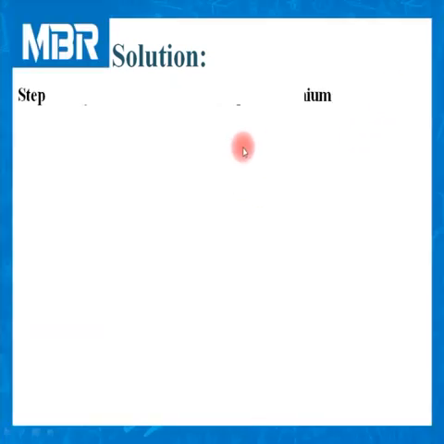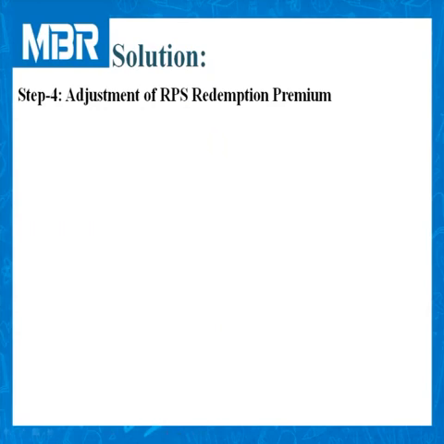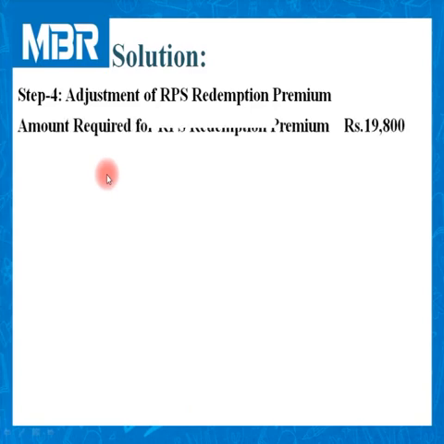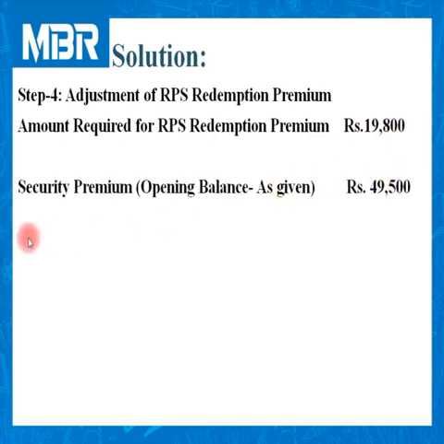Step number 4, adjustment of RPS redemption premium. We have to redeem our RPS at premium, and amount of RPS redemption premium is rupees 19,800. As per the information given in the opening balance sheet, we have security premium of rupees 49,500.